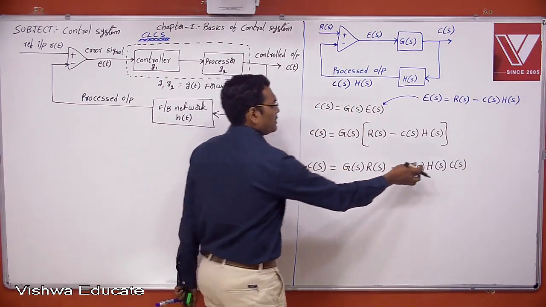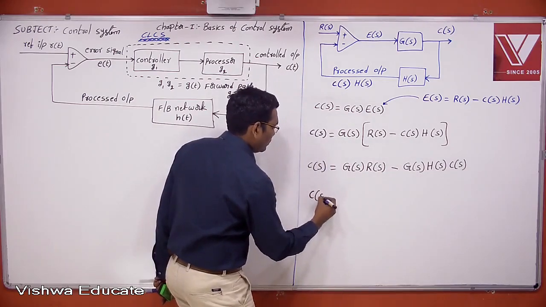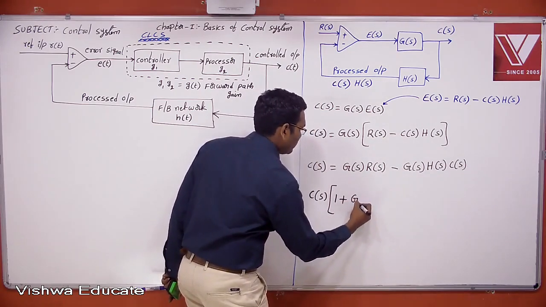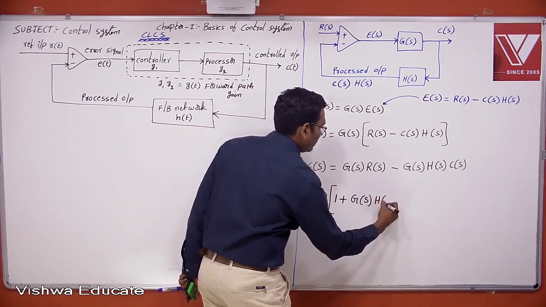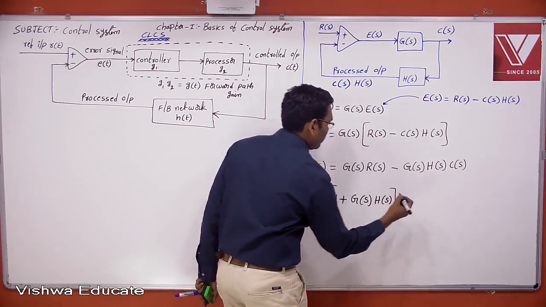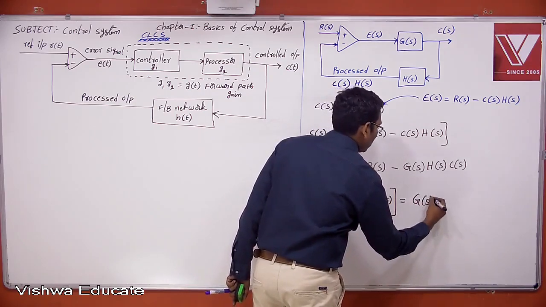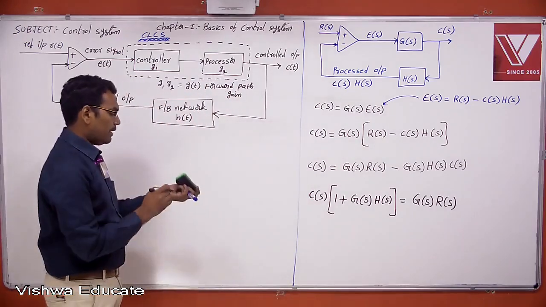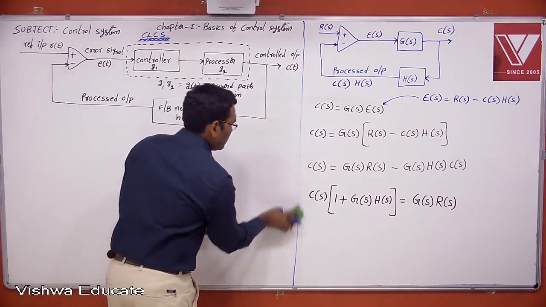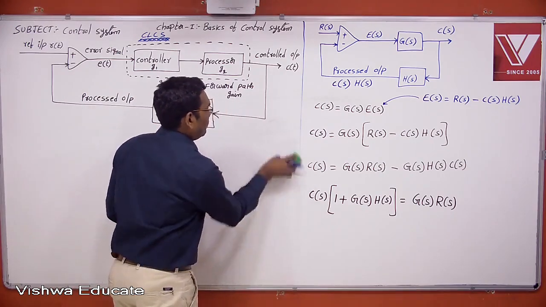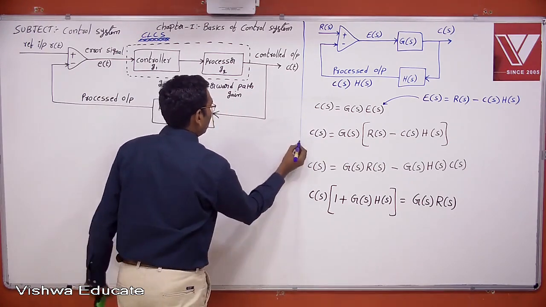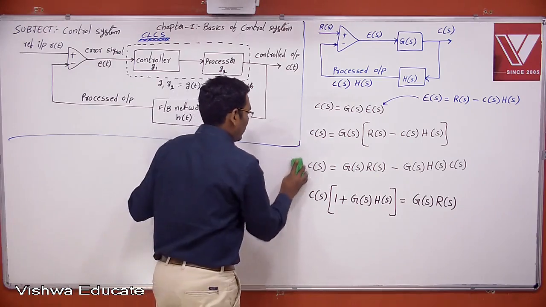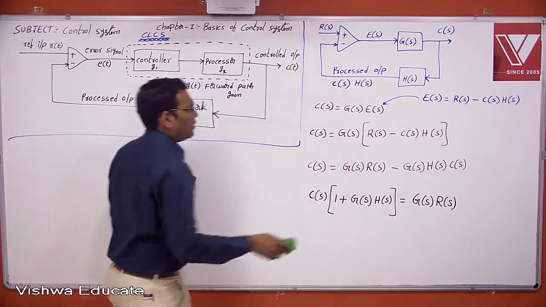Now, if I take this c of s as common, 1 plus g of s into h of s, into c of s, is equal to g of s into r of s. Now, finally, we have a relation between c of s and r of s, because the transfer function definition is nothing but the Laplace transformation of output by Laplace transformation of input. Now, see here, what is the transfer function?